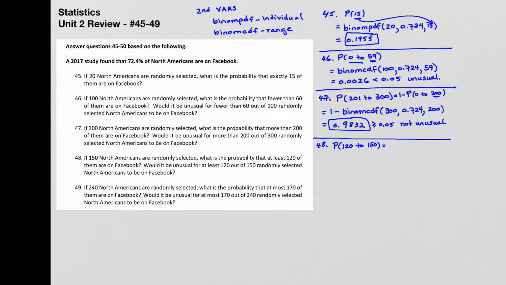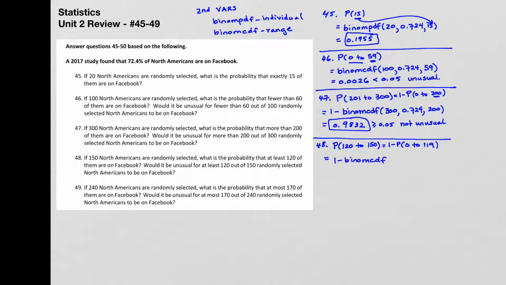And since this doesn't start at 0, then I have to make this 1 minus the probability of 0 to what? Well, what's the number right before 120? 119. And there you go. So, this is 1 minus binom CDF.